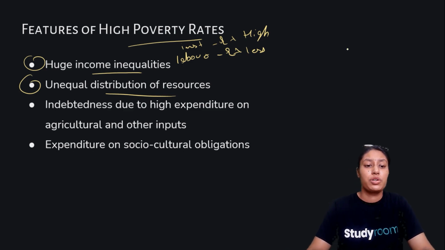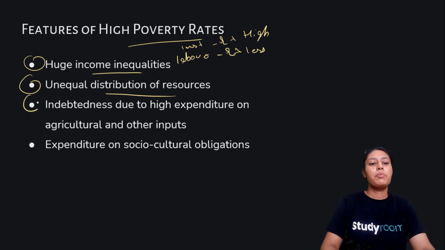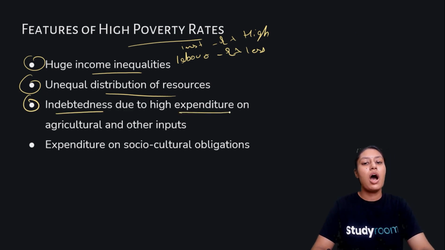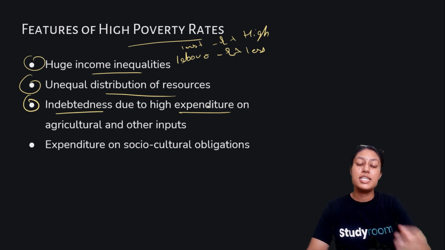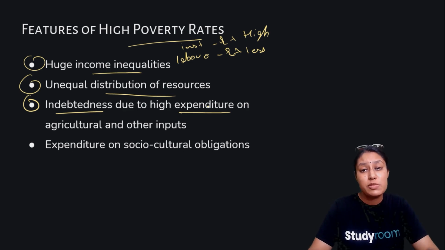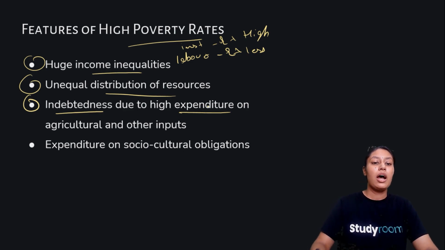and social exclusion. Third is indebtedness due to high expenditure. Going into debt means taking a lot of loans and carrying a heavy burden of money. Some states have indebtedness due to high expenditure because the money they spend is higher than the money they earn, on agriculture and other inputs.